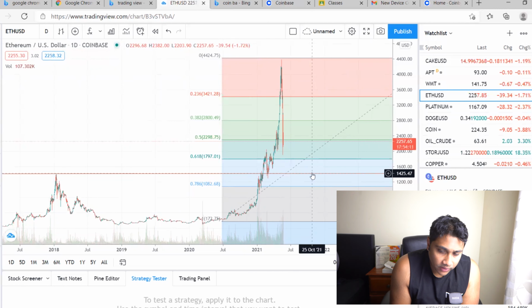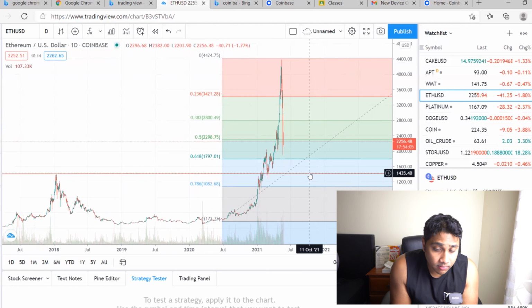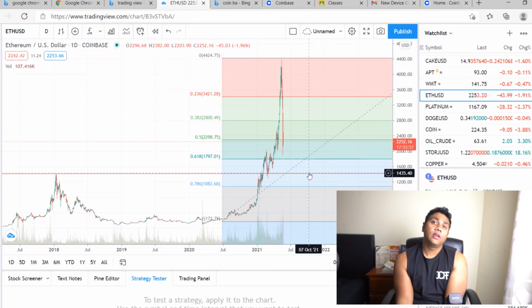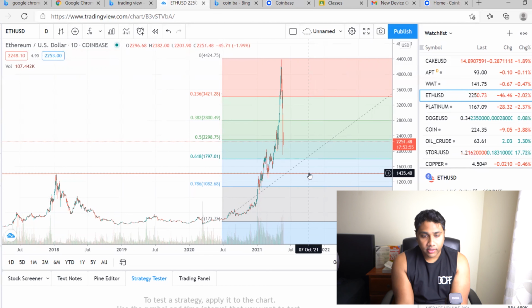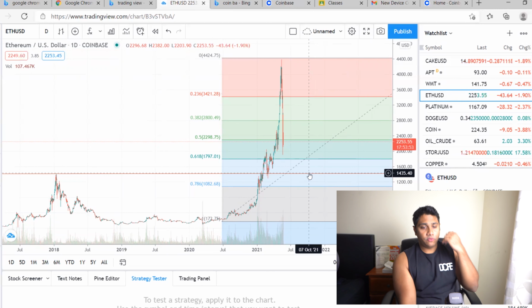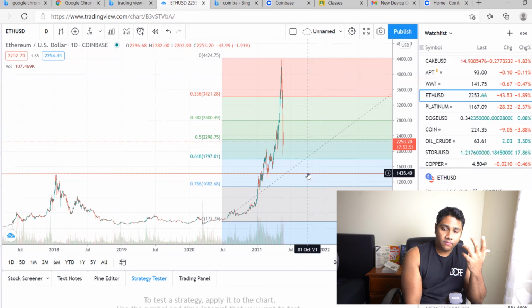Okay, so we are right now at $2,000, almost 2,200. I think it should go up, but I'm not going to make any predictions as to where it'll go. I always think about the worst case scenario. That's what we have to be prepared for. Going upwards is not the question, it's about saving your entire capital.